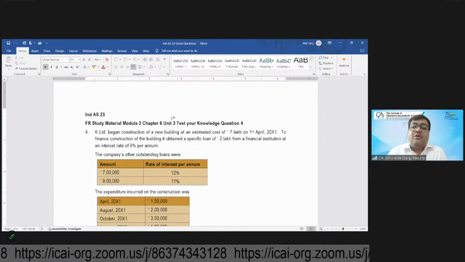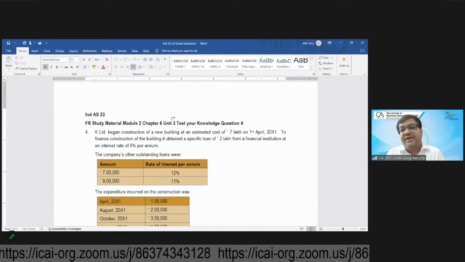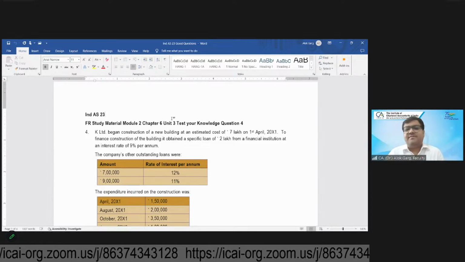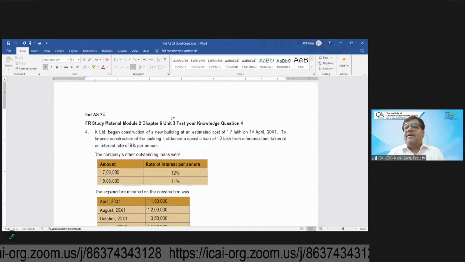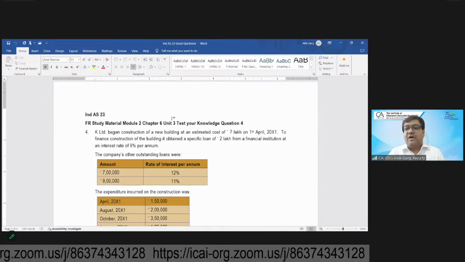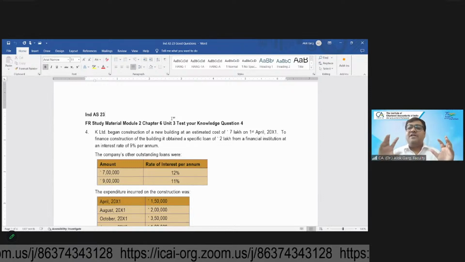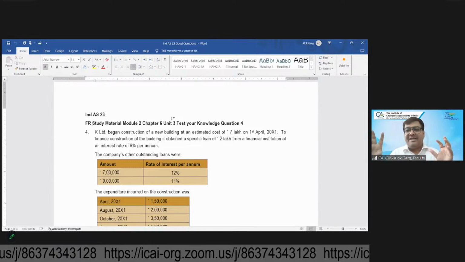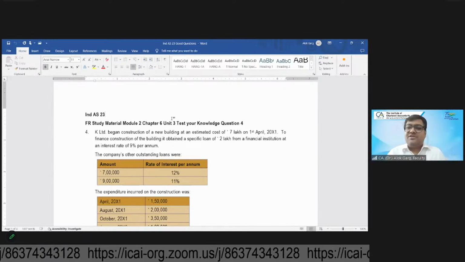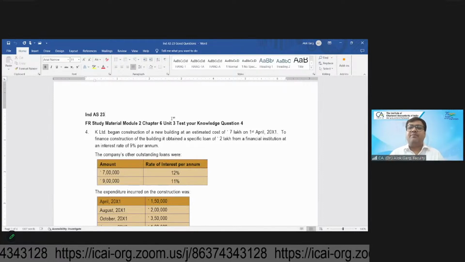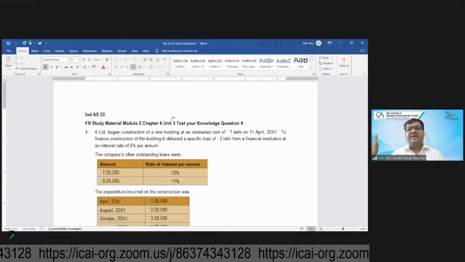They have taken from Bank of Maharashtra, State Bank of India, Allahabad Bank, issuing debentures. So they have done a lot of things, at different interest rates. Now they have got a pool of funds, and they are deploying this pool into various utilizations. For example, construction of a plant, purchasing of a building, working capital purposes, paying salaries, right? So it's a general pool.